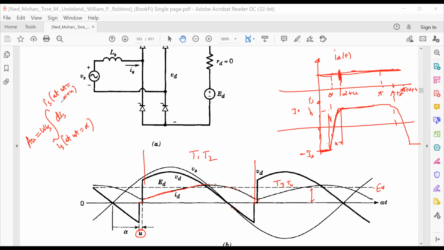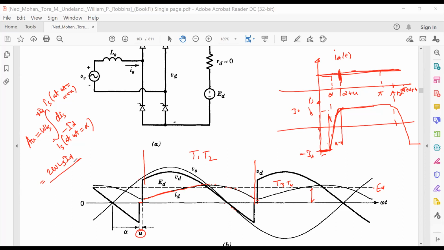We have seen that this one is minus ID and that one is plus ID. With that, we got 2 omega LS ID. Can you remember this? You have already done it in your diode case. Yes or no? Hello? Yes, sir.